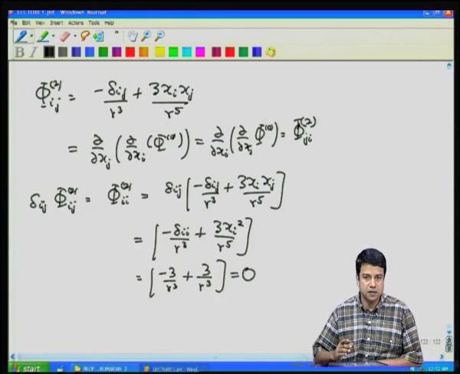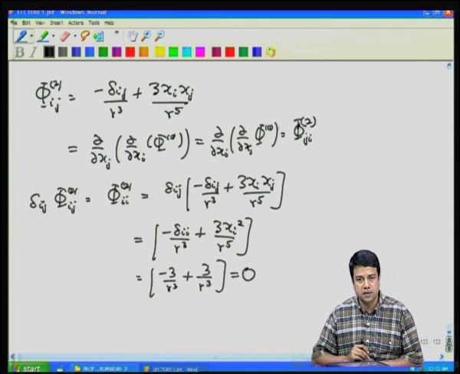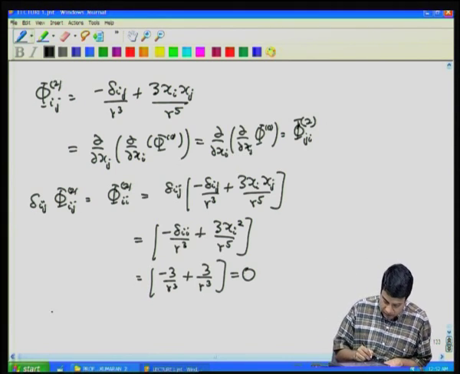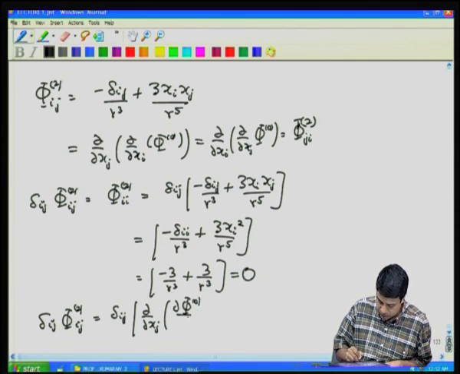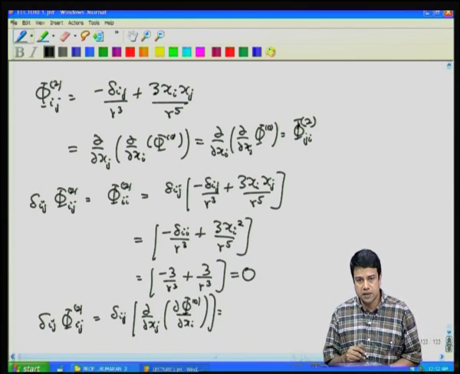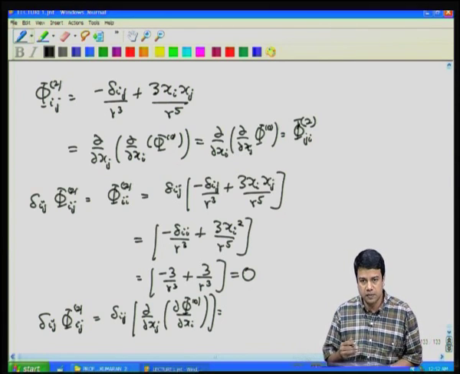So, the trace of this second order tensor is identically equal to 0. Not a surprise, because if I take the trace, delta ij times phi 2 ij is equal to, if I write this as 2 gradients acting on the fundamental solution, I can replace j by i, because delta ij is non-zero only when j is equal to i.